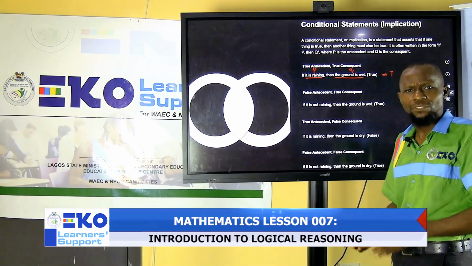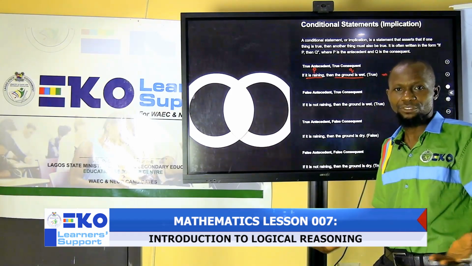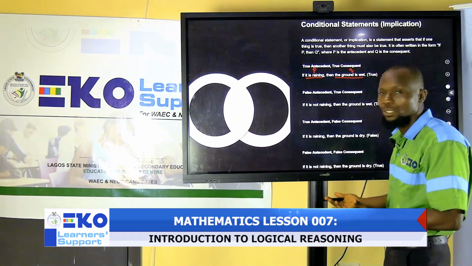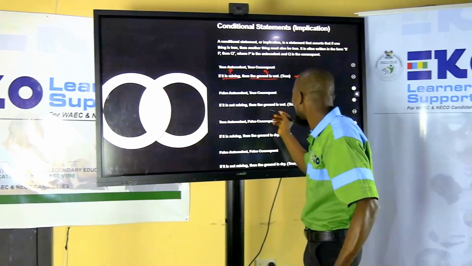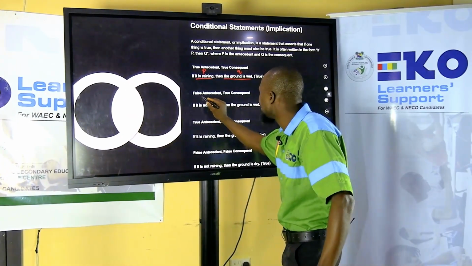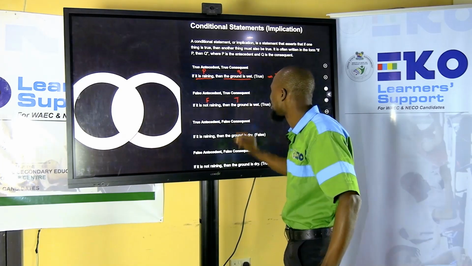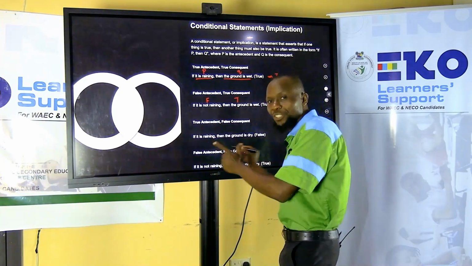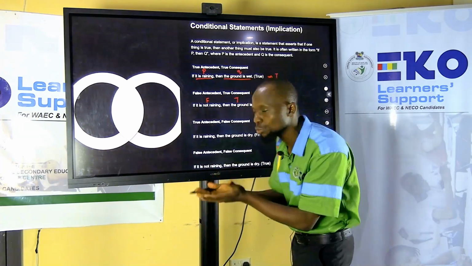Can the ground still be wet if it is not raining? Yes, there could be something that will cause it. Maybe water is poured, so it is possible. So in this case, the antecedent is false, F, but the consequent is true. So the overall statement is still what? True. It can still be evaluated to be true.